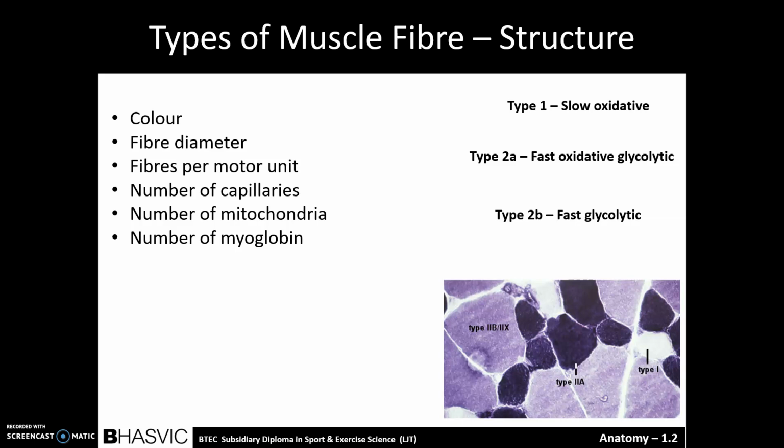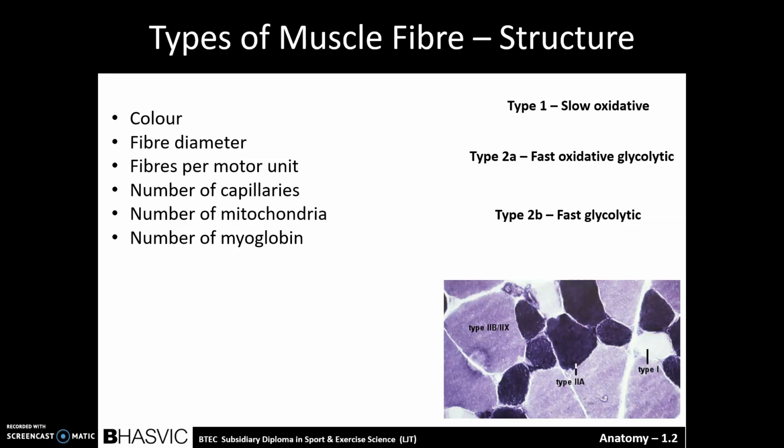Similarly, the fast oxidative glycolytic fibers also have some myoglobin, but not nearly as much as the slow oxidative, as it can work both anaerobically and aerobically. So when aerobic, it will have myoglobin to supply it with oxygen, as myoglobin is the oxygen store, but it doesn't rely on it as much, as it doesn't rely on aerobic respiration as much as a slow oxidative muscle fiber.